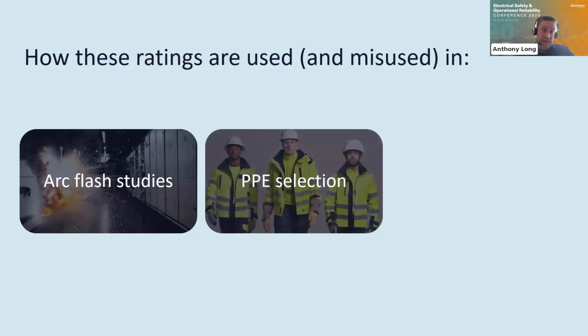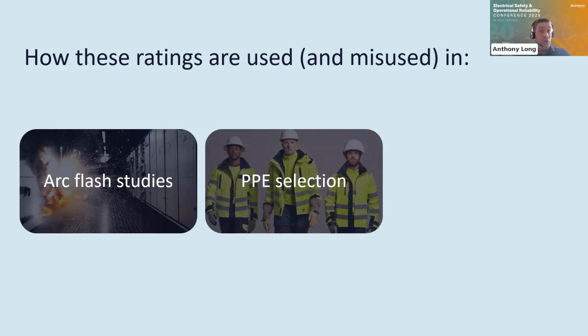Next one, PPE selection. So understanding what the actual rating is. I mentioned before, class 2 and category 2 get mixed up a lot. If it's class 2, make sure it's class 2, and that it has a class 2 rating in it. Don't go by the fact it might be a certain cal rating, so we'll call it class 2. It's got to have a class 2 arc rating to actually be sold or used as a class 2 garment.